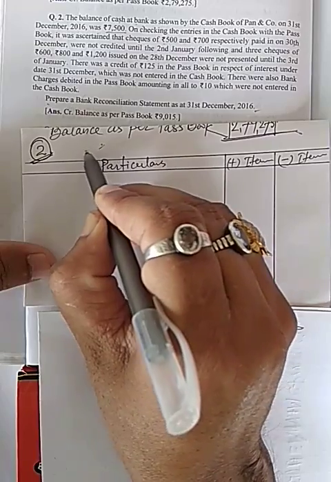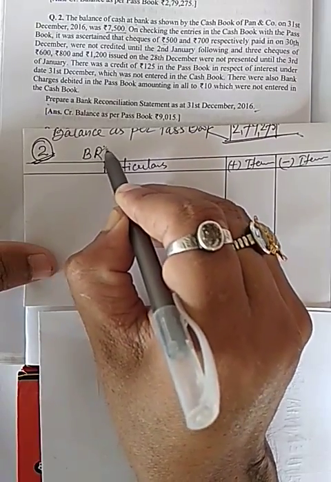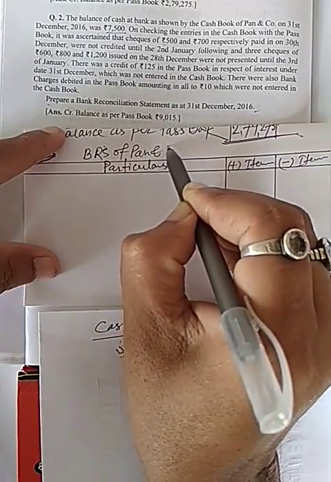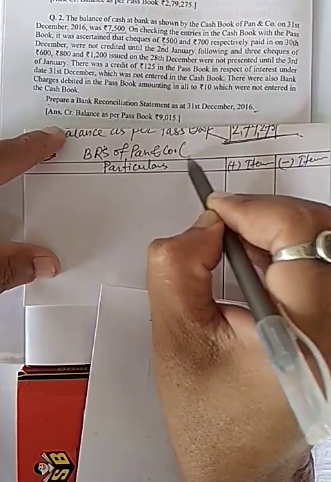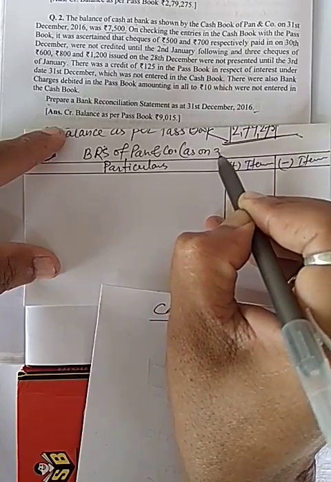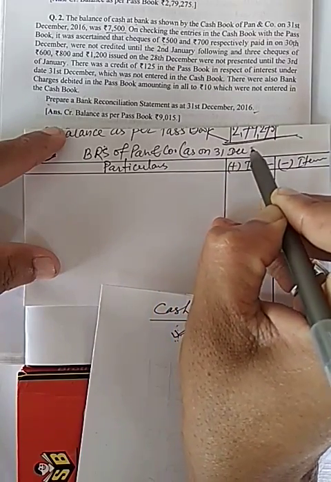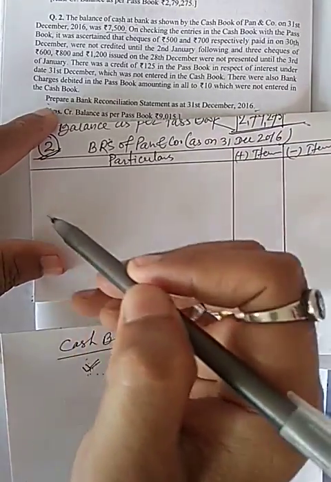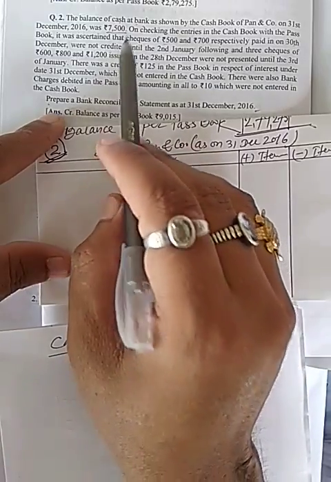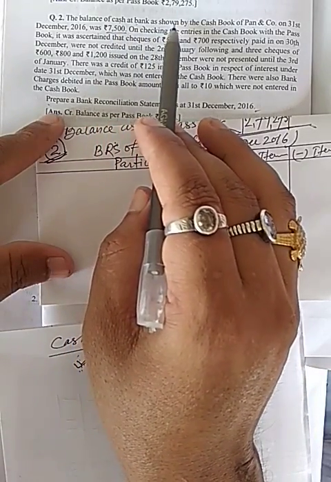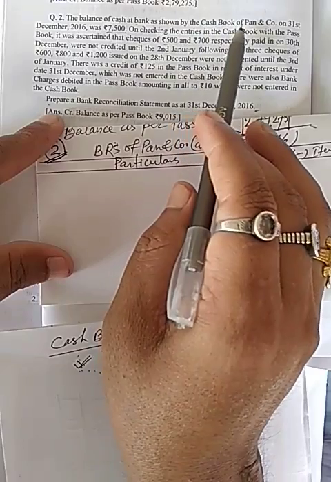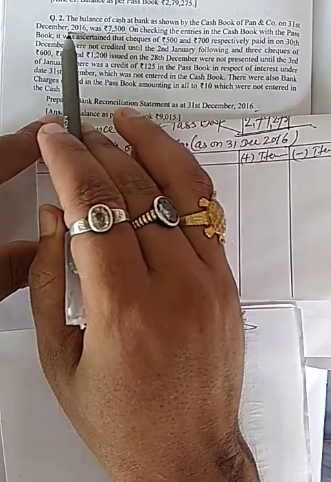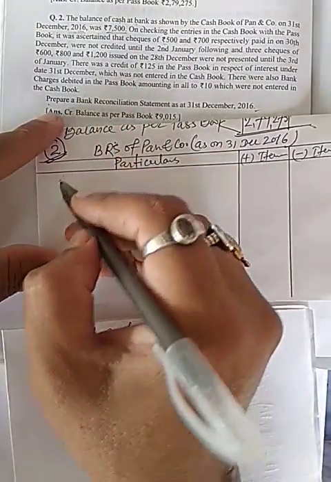So I will write BRS of Pan and Company as on 31st December 2016. And now the question is saying balance of cash at bank shown by the cash book of Pan and Company on 31st December 2016 was 7,500.